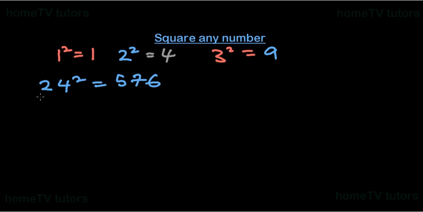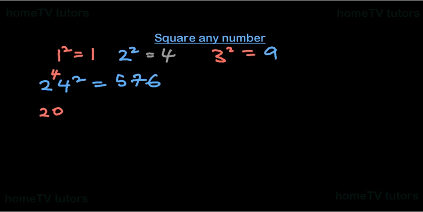Okay, so the first step is this. You look for the nearest 10 to 24. The nearest 10 to 24 is 20. The difference between the nearest 10 and 24 is what? 4.